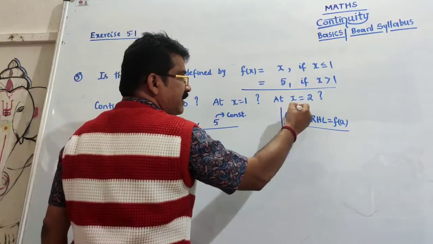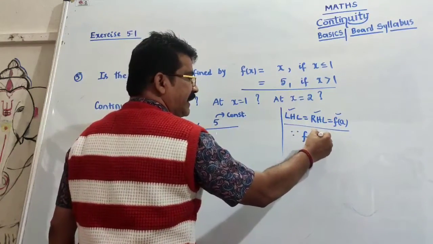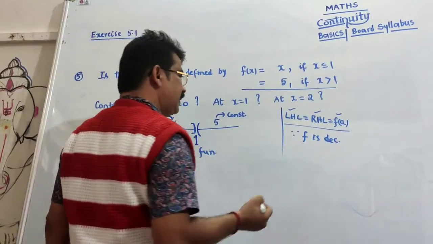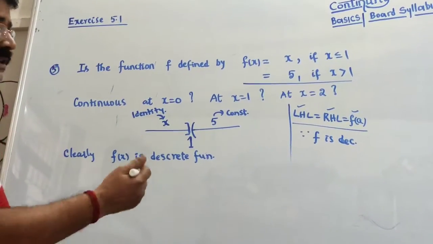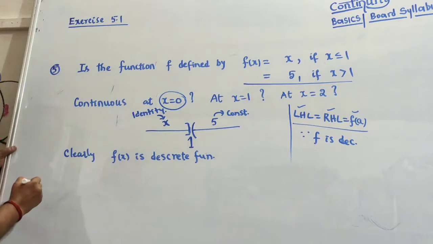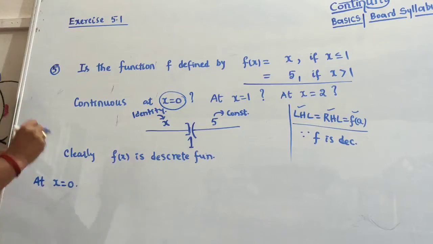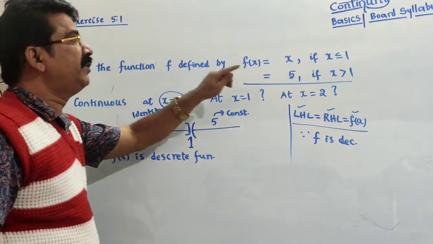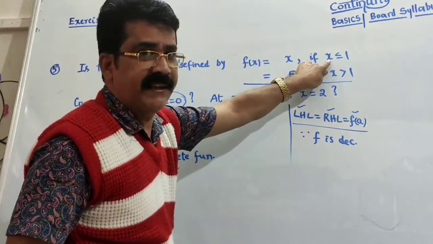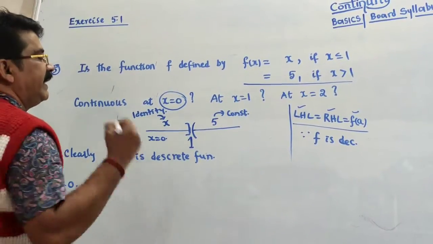We find three values because f of x is a discrete function, a special function. Okay, first, heading at x equal to 0. X equal to 0 is in this area.